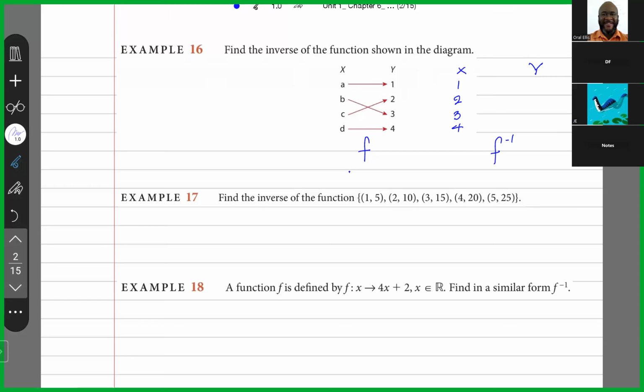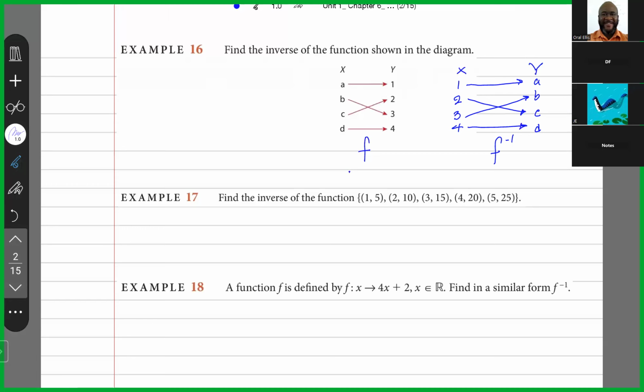And the domain of f is going to become the range of f inverse: A, B, C, D. So 1 is going to be mapped to A, 3 is going to be mapped to B, 2 is going to be mapped to C, and 4 is going to be mapped to D.